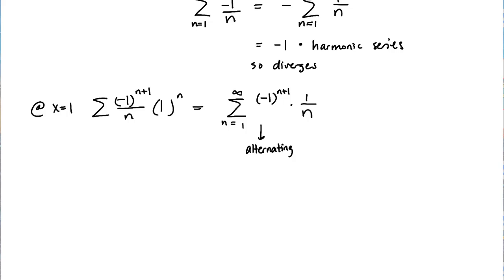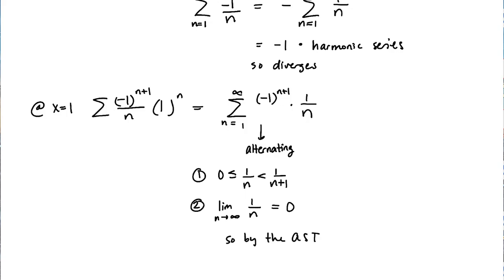So let's go to our alternating series test. Do we have the necessary quantities? 0 is less than or equal to 1 over n plus 1, which is less than or equal to 1 over n. And next, the limit as n goes to infinity of 1 over n is equal to 0. So by the alternating series test, our series converges.